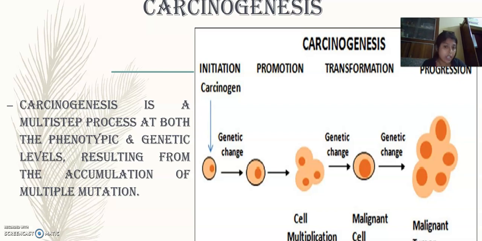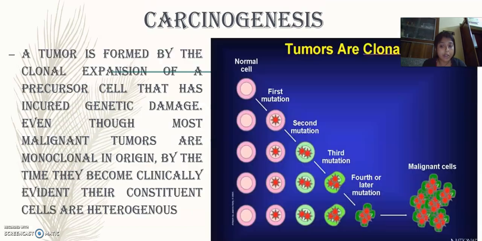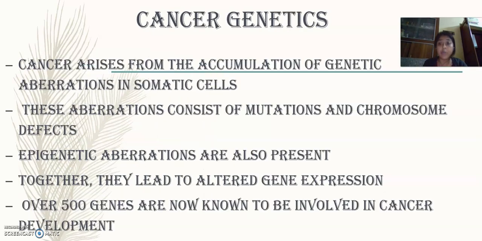How it is initiated by a carcinogen, and how promotion, transformation, and progression lead to the proper establishment of cancer. Then tumors are clonal. What do we mean by clonal? That means the clonability of tumors, how they clone and form one type of cell which has lost the whole proliferation control. Next is the mutation.